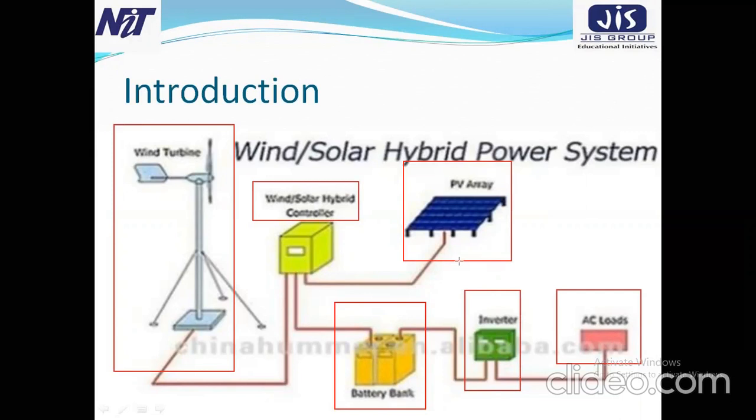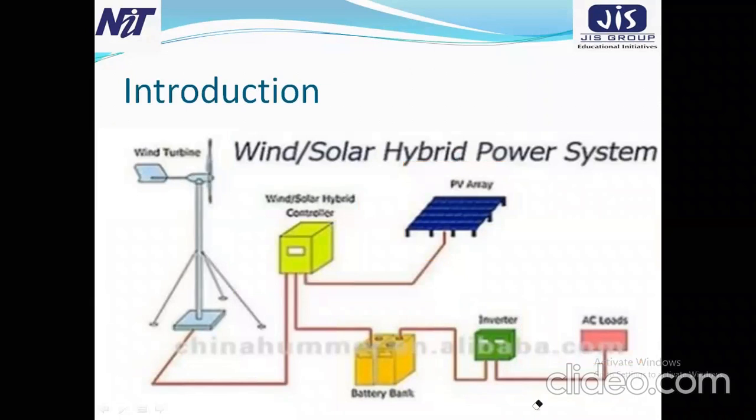So they are connected with a wind solar hybrid controller, and then it comes to the battery bank, and through the inverter the DC power is converted to the AC loads. So this is the basic diagram of the introductory part, showing how the solar and wind are connected and how they generate power. This slide is actually showing that.